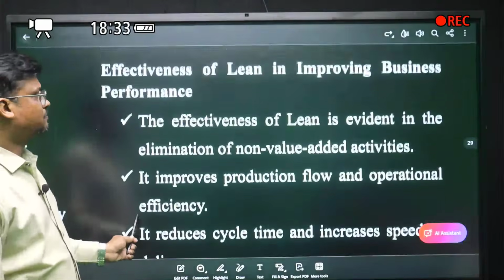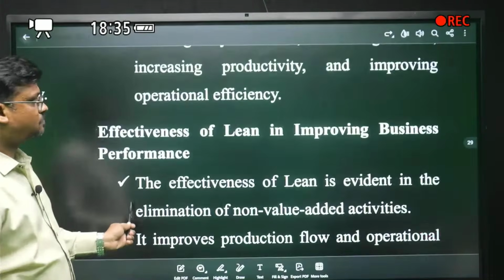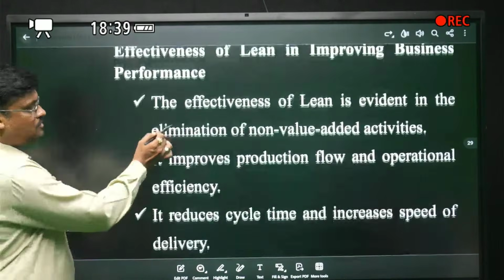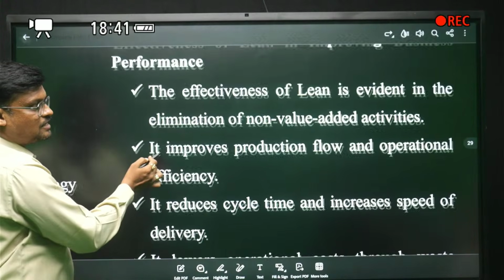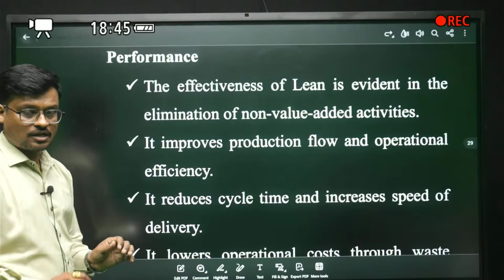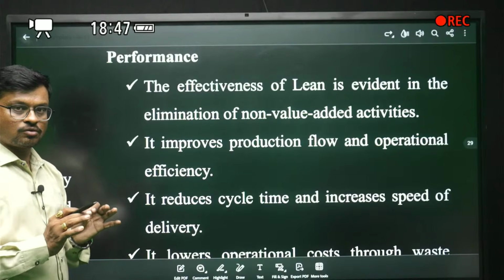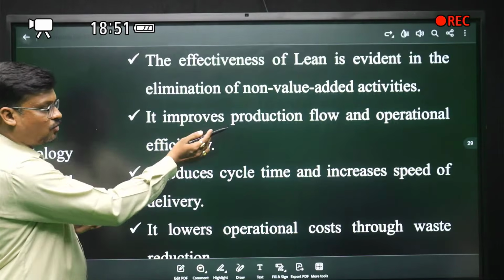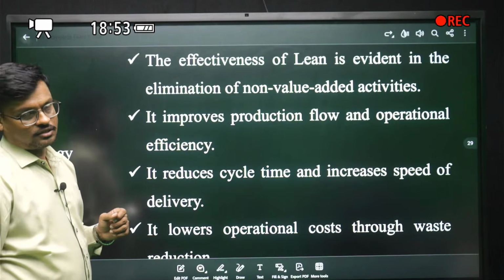How does it work? Effectiveness of Lean in improving business performance. The effectiveness of Lean is evident in the elimination of non-value-added activities. Any activities which are not contributing to the growth of your organization, eliminate. It improves production flow and operational efficiency.